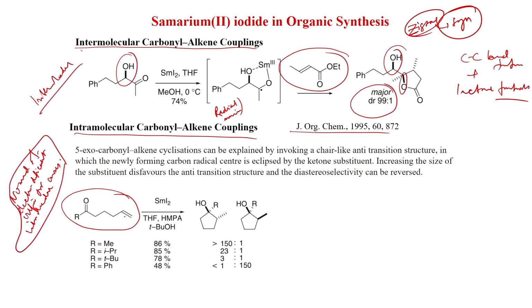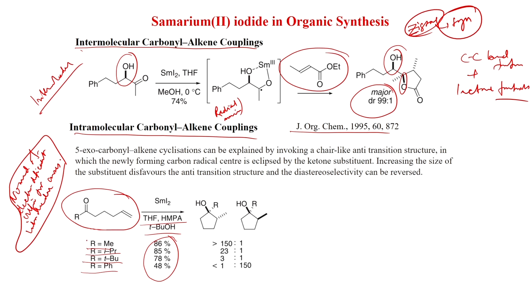Here a simple olefin is enough to do this cyclization, and you can see this is a ketone, R is equal to methyl, R is equal to isopropyl, R is equal to tertiary butyl, R is equal to phenyl. You get moderate to good yields with this condition, samarium iodide, THF, HMPA, tertiary butanol.